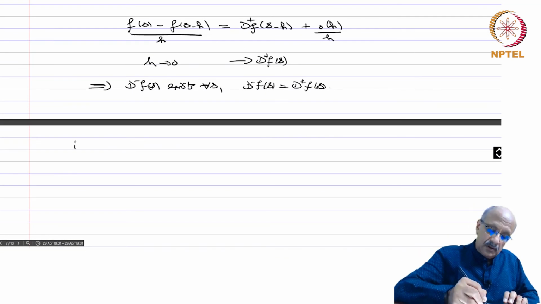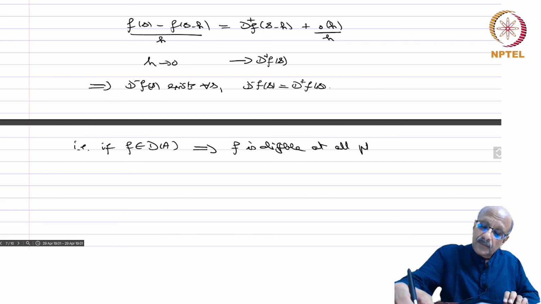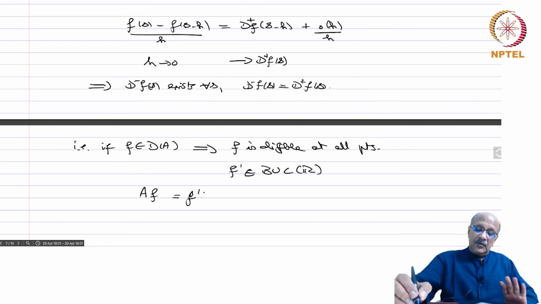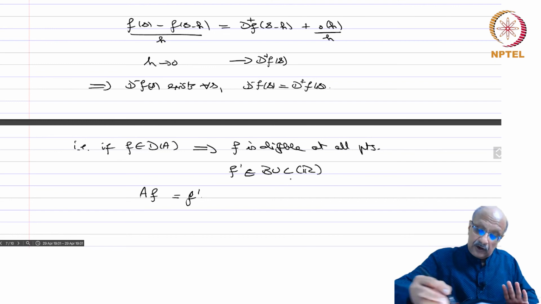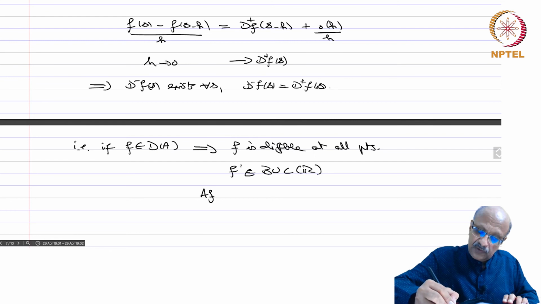Therefore, if f belongs to the domain of the infinitesimal generator, then f is differentiable at all points, and f dash belongs to BUC, and you have A of f is nothing but f dash. Okay, so Af equals f dash.